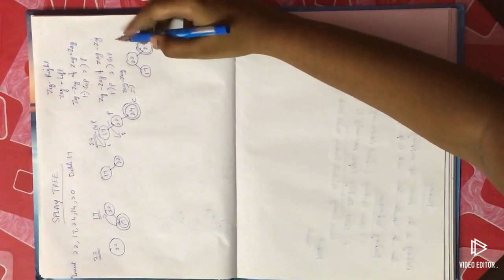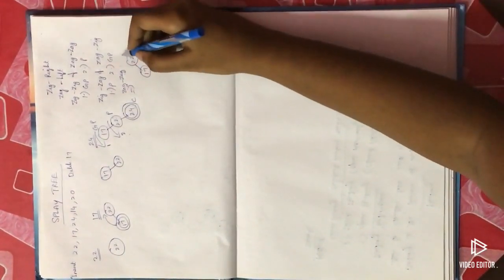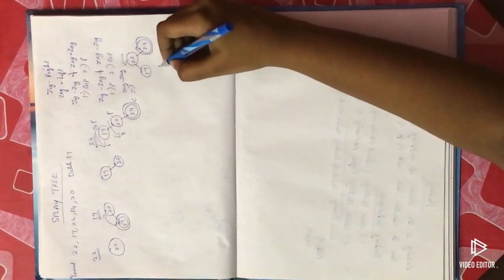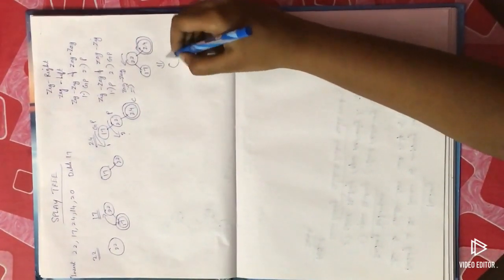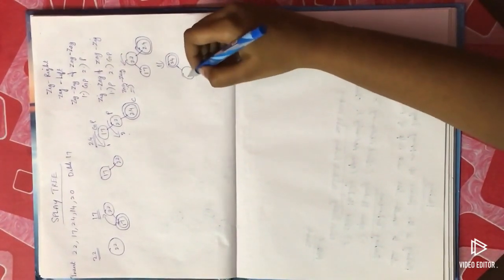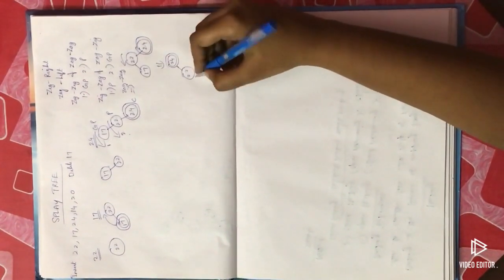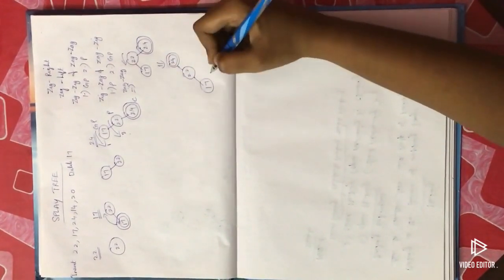Next, in the second step, we rotate on the parent. So 24 is splayed to the root, and 22 is here, with 17 at the left of 22.